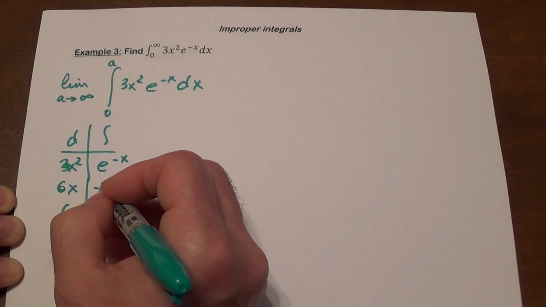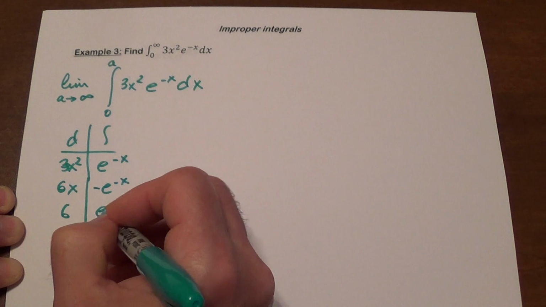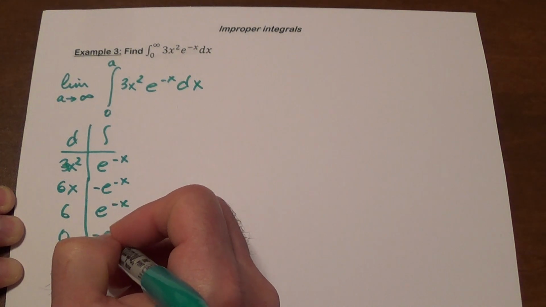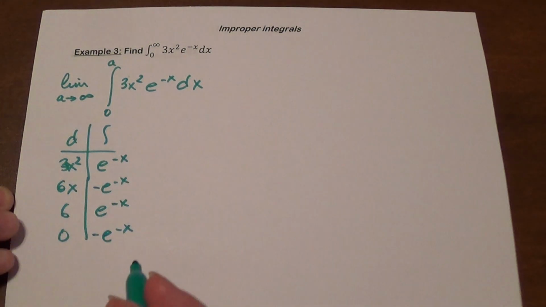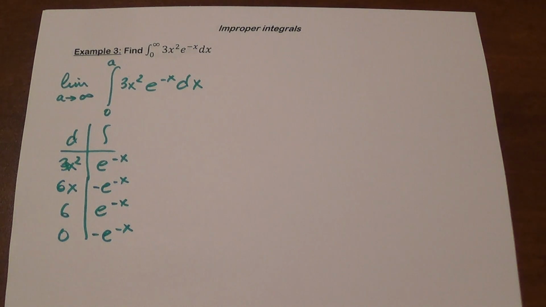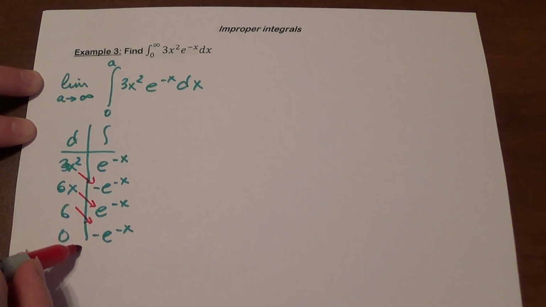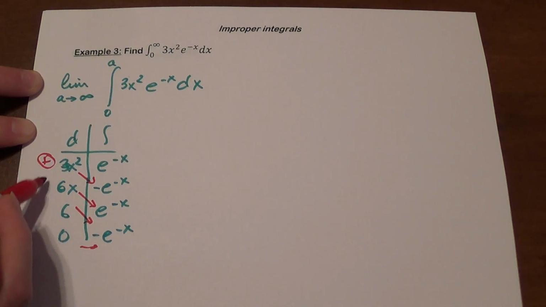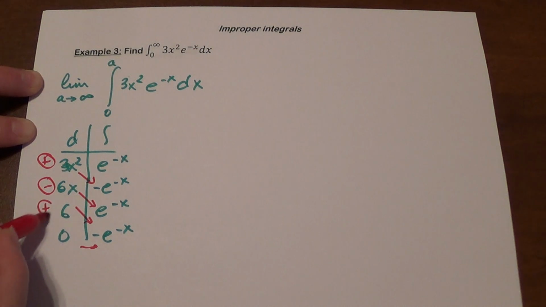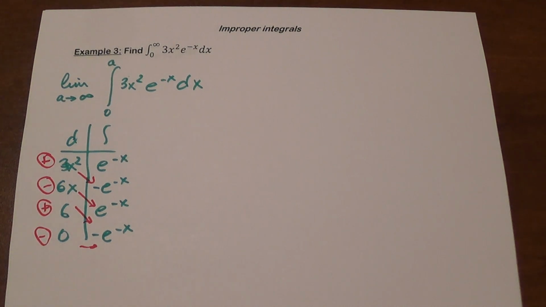And here we're going to have negative e to the negative x, e to the negative x, negative e to the negative x. And then we're going to go ahead and, oops, my apologies, going this way, plus, minus, plus, minus.